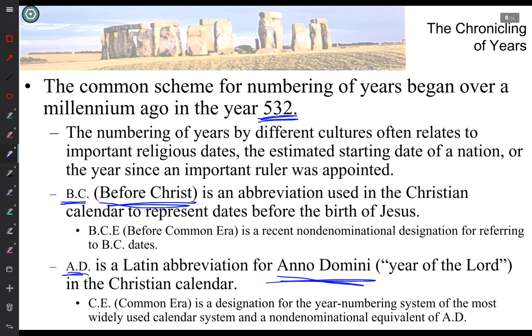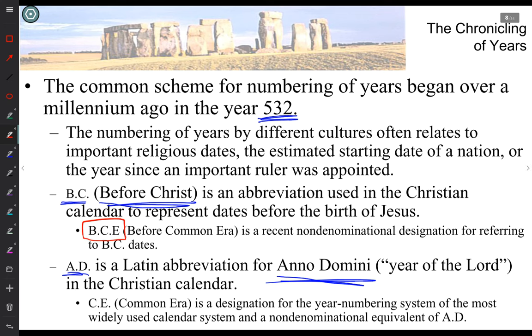Currently, there is a push to try to take God out of the calendar. And so it has become common to replace BC with BCE. Why do they do that? Because instead of saying Christ, it says common era. And so you don't have to reference Christ when you talk about a year.